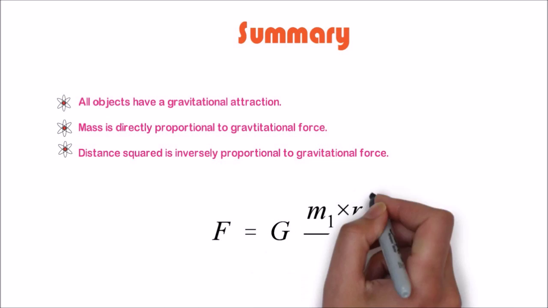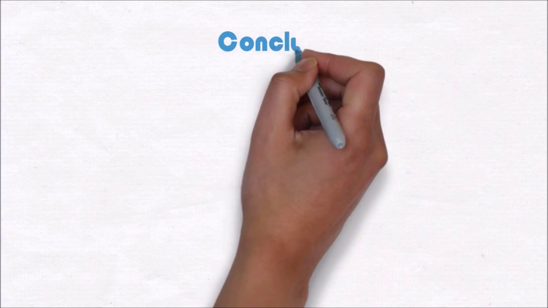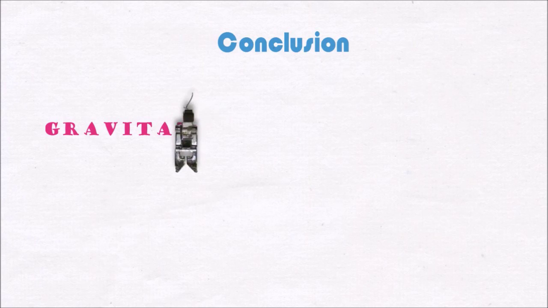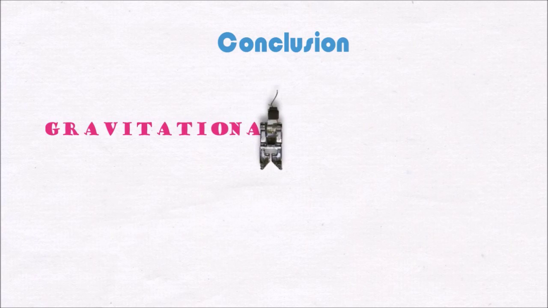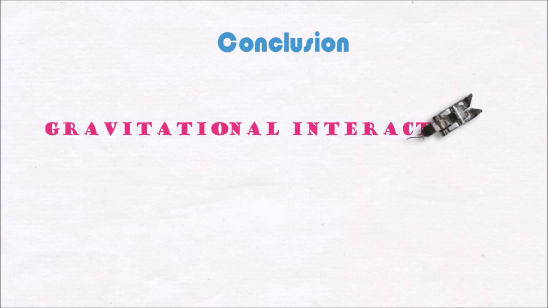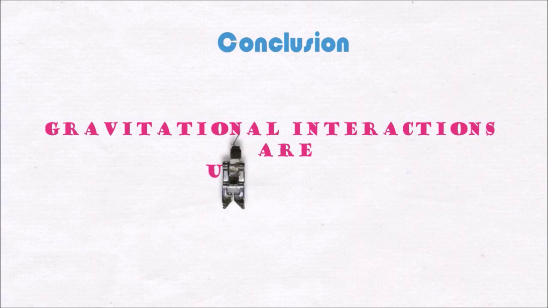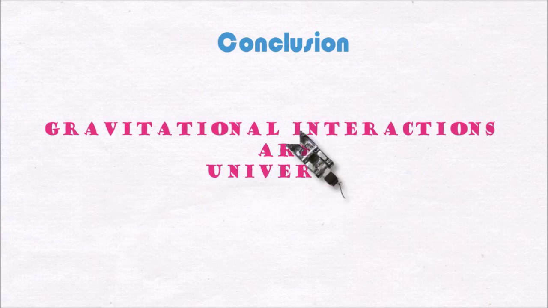Gravitational force equals G times m1 times m2 over distance squared. Gravitational interactions are universal.